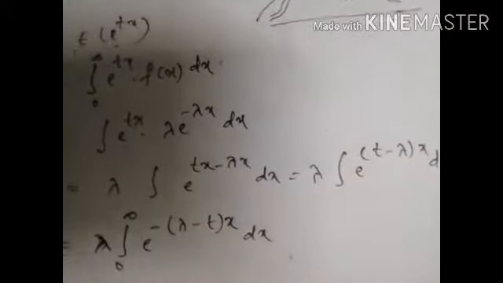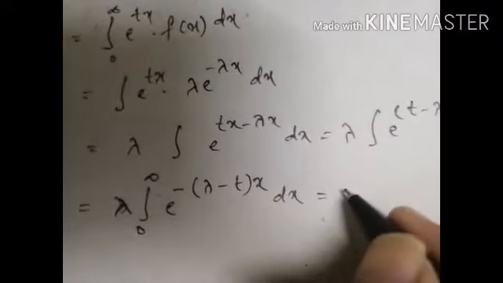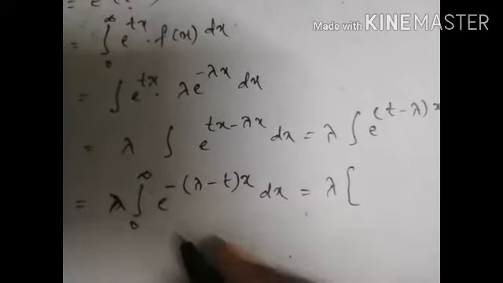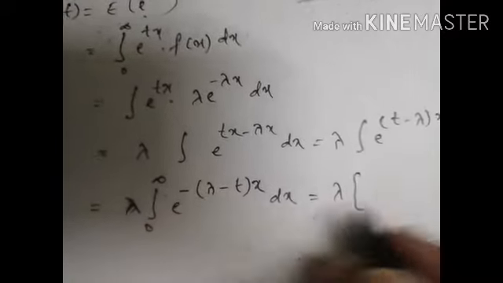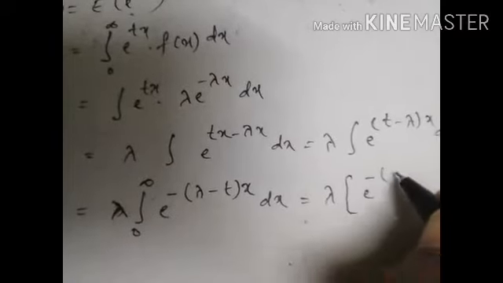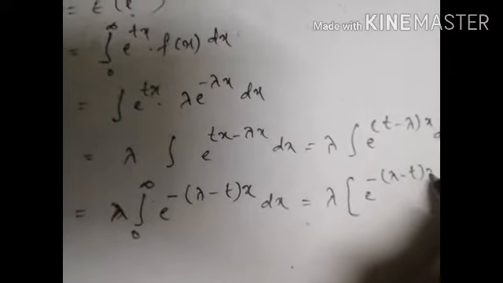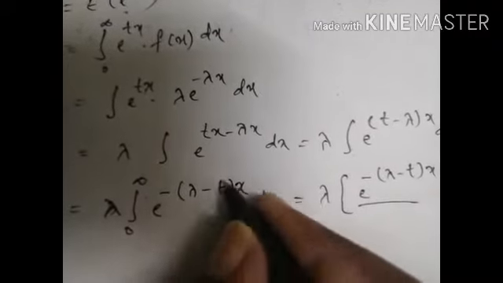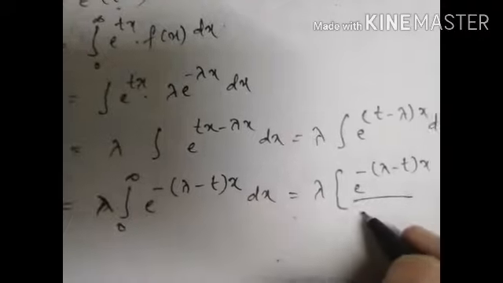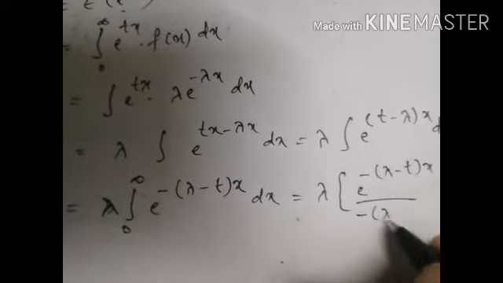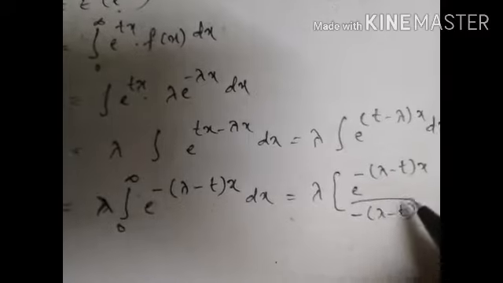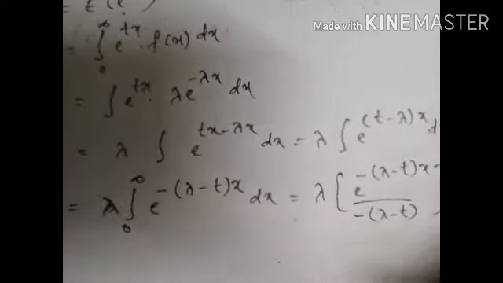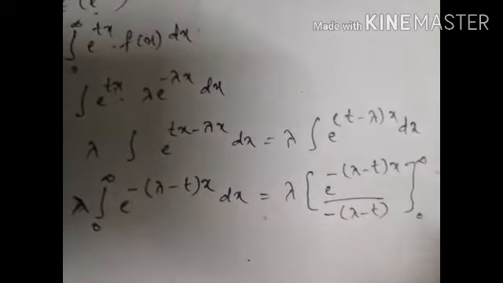Now the limits are 0 to infinity, so that is equal to lambda integration of e to the power of something times x. So what are you getting? E to the power of minus lambda minus t of x, divided by the coefficient of x, that is minus lambda minus t, where the limits are 0 to infinity.